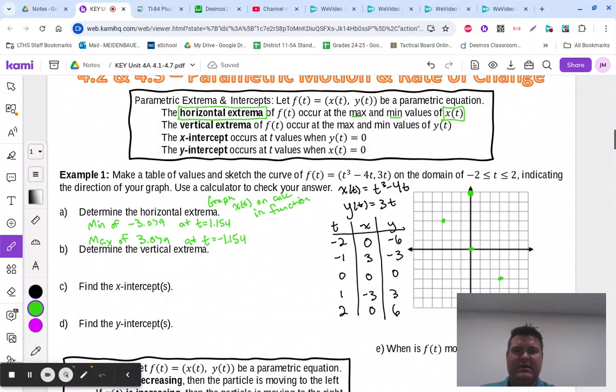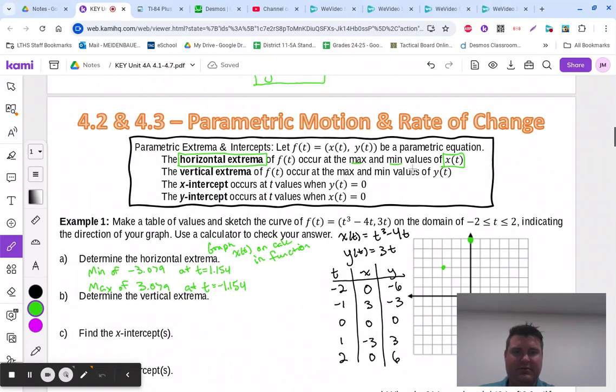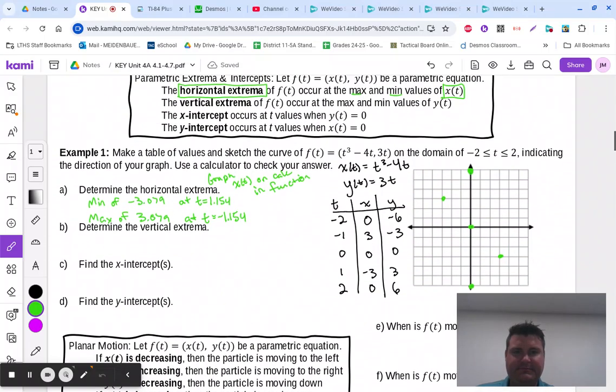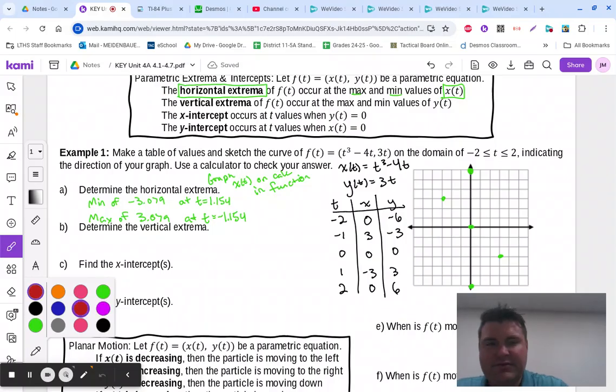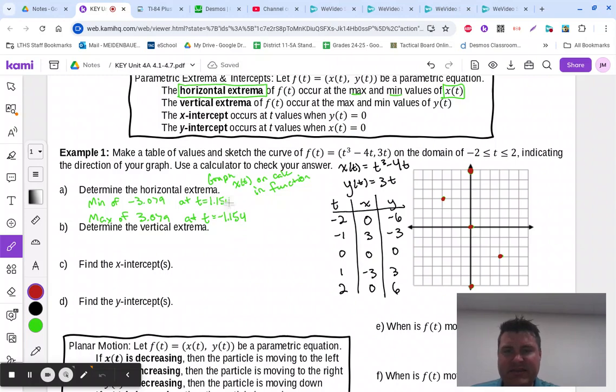Okay, so on my graph here, my green graph, you know what, I'm going to change these colors up. I'll do red. You can actually find these y values by plugging this t value back into our y. I'm not going to do that.